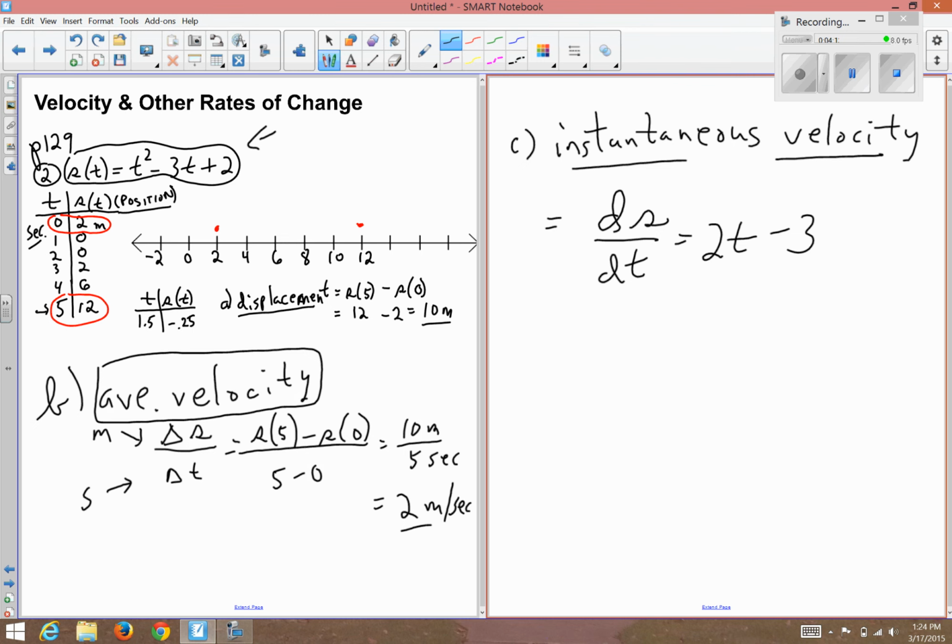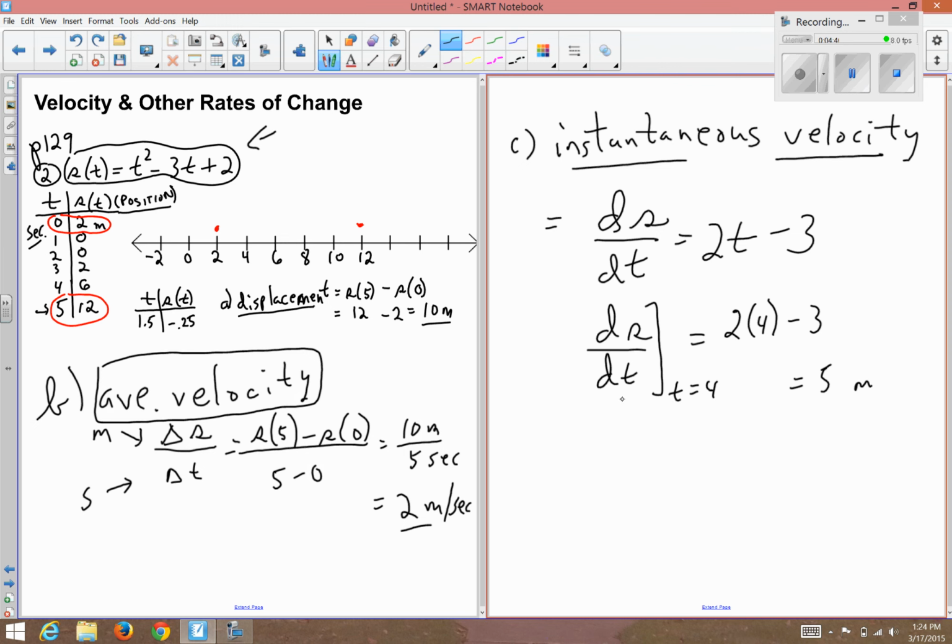The instantaneous velocity when t is 4 could be symbolized like this. ds dt when t is 4. Meaning take what we got here and 4 goes in place of t. That's 8 minus 3, which is 5. But we still look over here for the units. S is the numerator, meters.